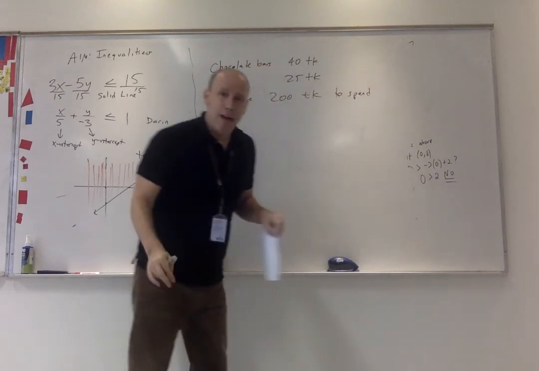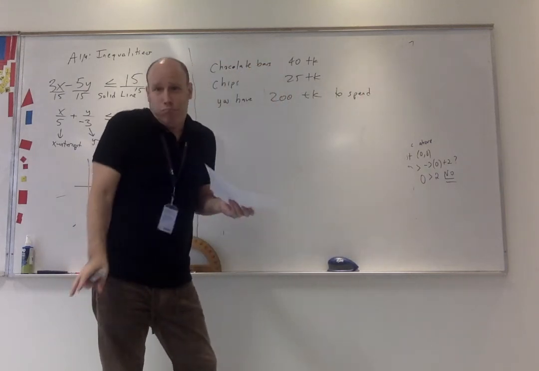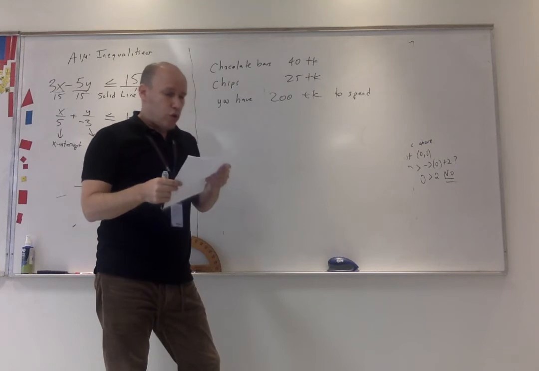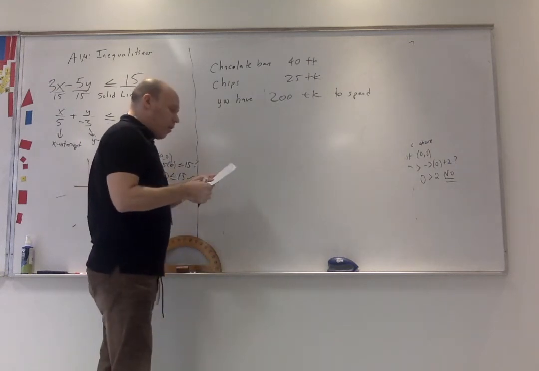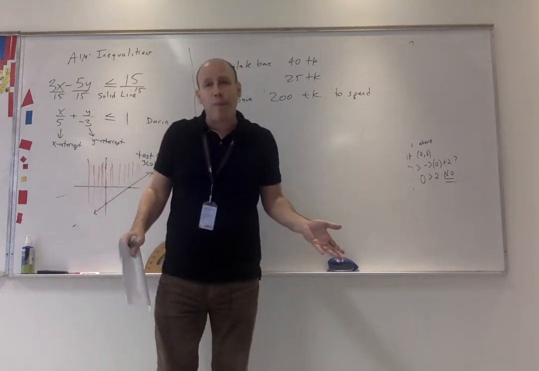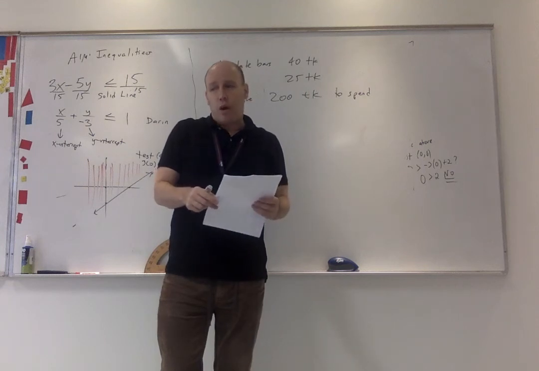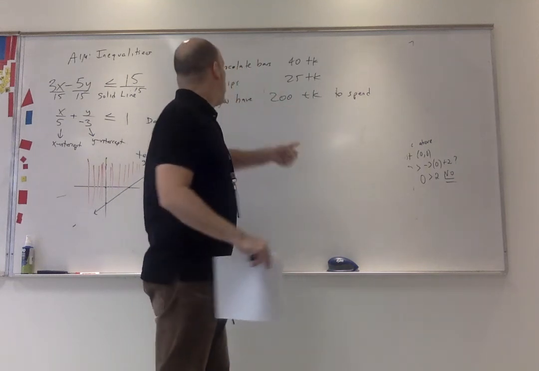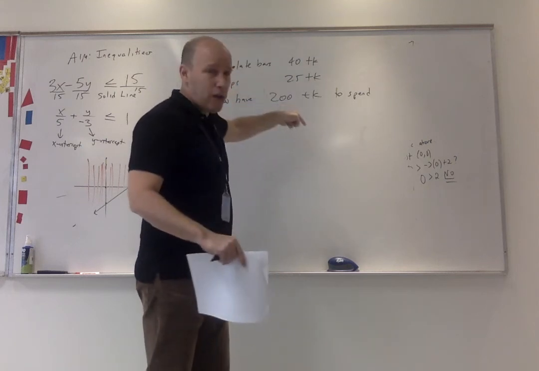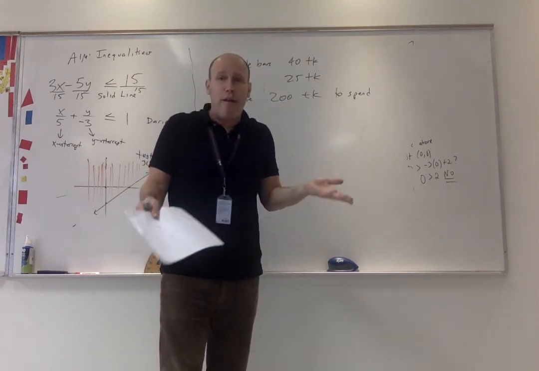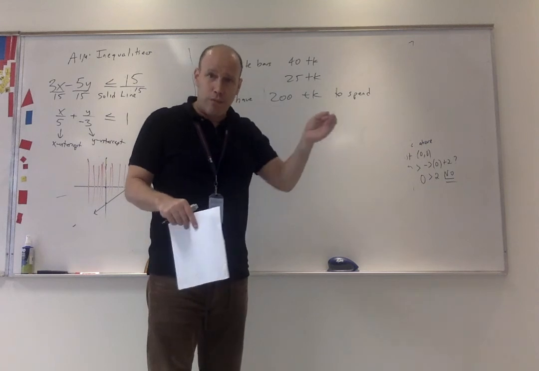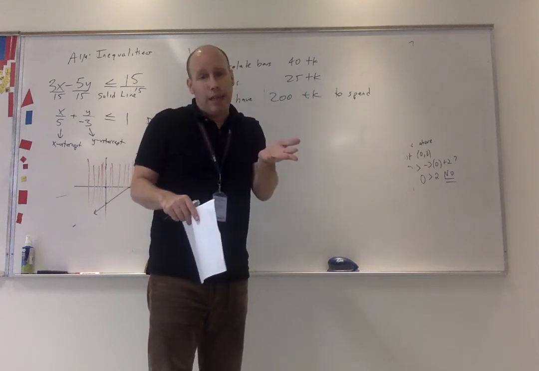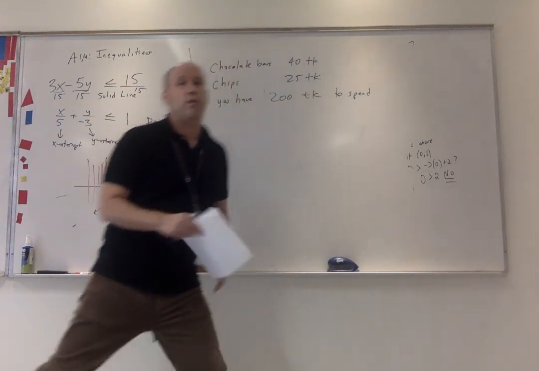Now, unlike the test, you don't have to spend everything. So the question is, I want you to make a graph of all the possibilities. What would set up a relationship between the chocolate bars, the chips, and the amount of money you have? Write an equation. It's going to be an inequality, and then see if you can make a graph.